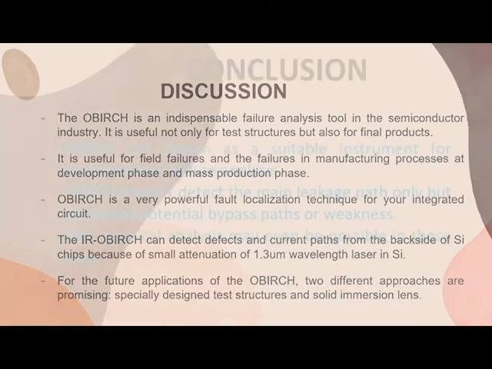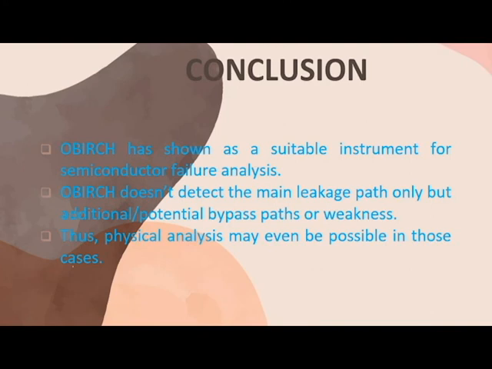In conclusion, OBIRCH has shown to be a suitable instrument for failure and weakness detection on power semiconductors, where usually EMMI is impossible due to thick metal layers and high doping concentrations of the silicon.